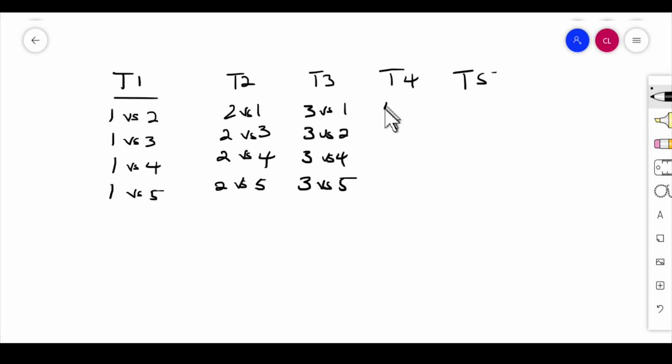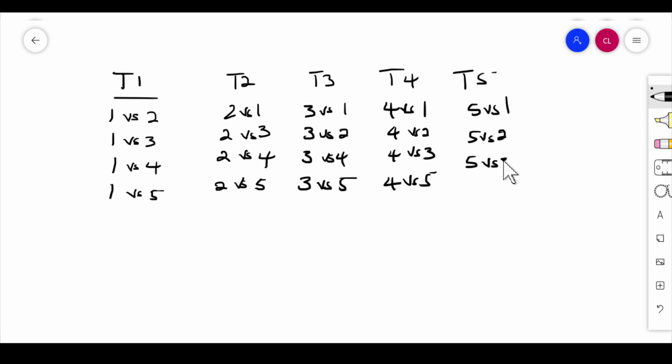Team 4 would have to do the same thing, so it would be 4 versus 1, 4 versus 2, 4 versus 3, 4 versus 5. For team 5, they're going to play versus team 1, versus team 2, 5 versus 3, and 5 versus 4.